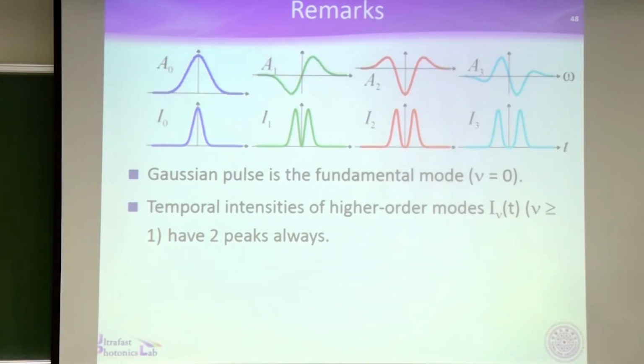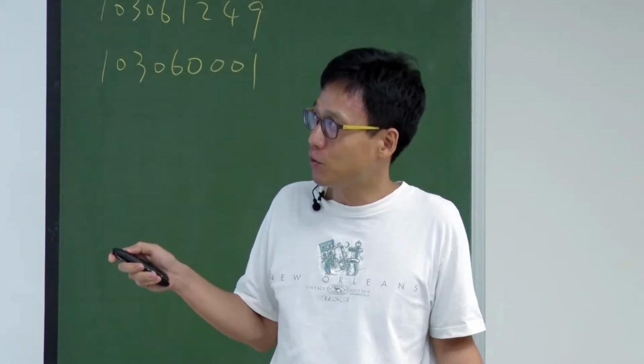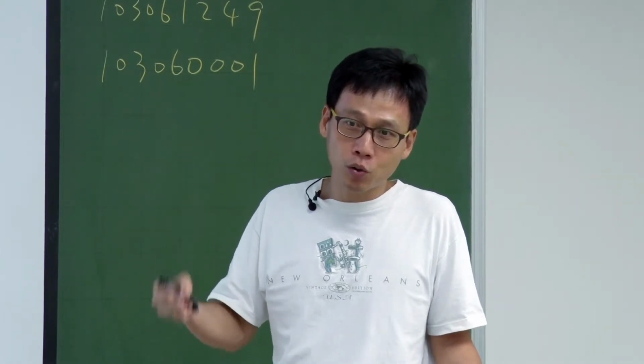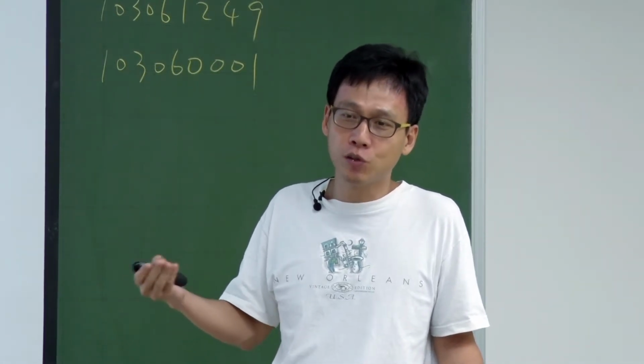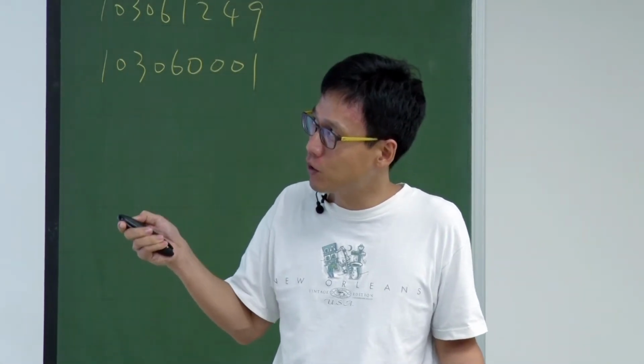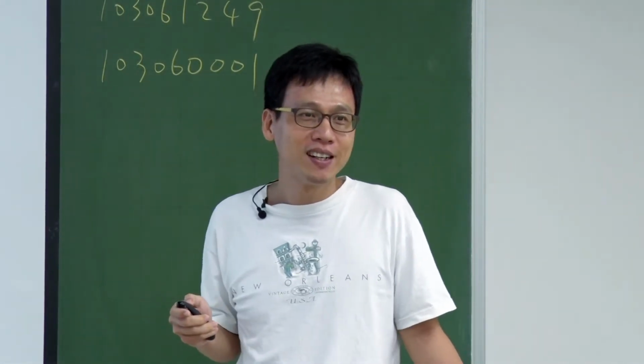But you always have double peaks in time domain. These are the corresponding time domain structures. Although they are different, they always exhibit just two peaks in time domain. So be careful. Although in the frequency domain, as your mode number gets greater, you have more and more peaks as you would expect, in time domain, it's not like that. You need to perform an inverse Fourier transform to get these time domain features.